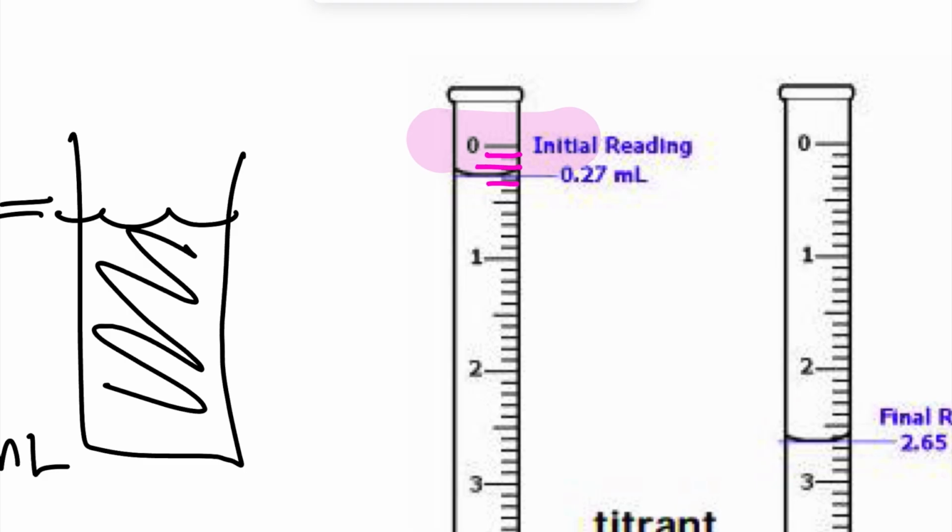And so this reading, again, reading from the meniscus, the bottom of that curve, we need to estimate that this is between 0.2 and 0.3, which is opposite. Whereas if we were reading on a normal graduated cylinder, we would have 0.1 here and 0.2 here. It just changes how we are measuring with that. And so this one, we would have an initial reading of 0.27.